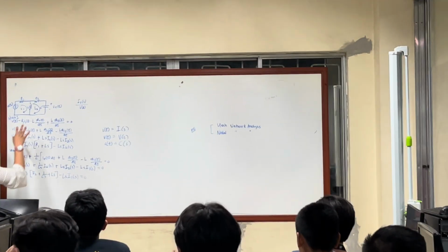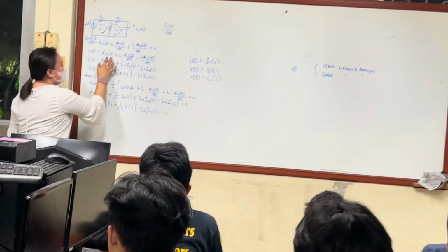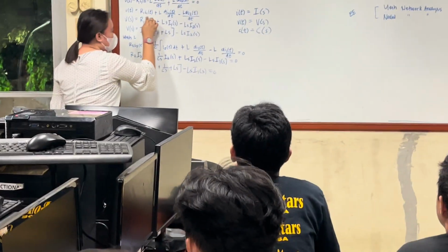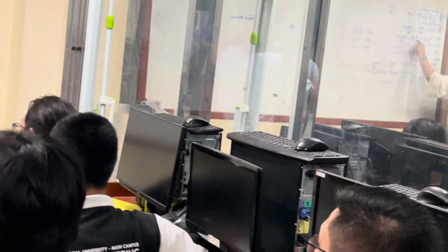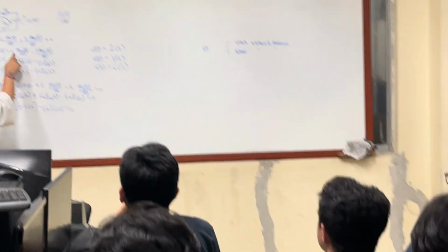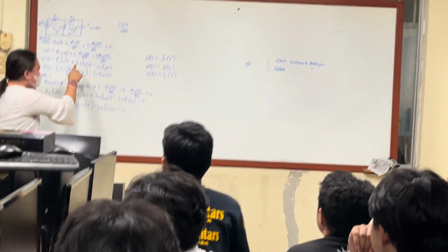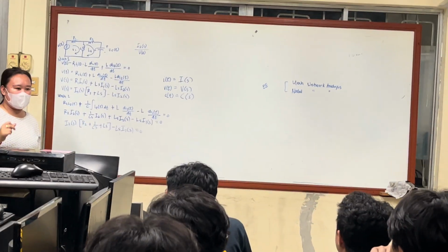R1, we have only one. It is I of S, R1 I1 of S. Same here, and this is first order. Right? First derivative. If it were squared, it becomes L S squared.